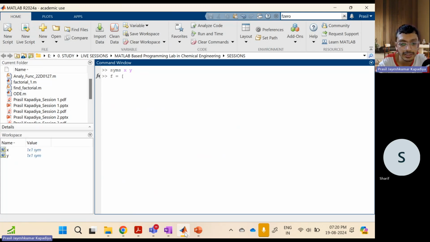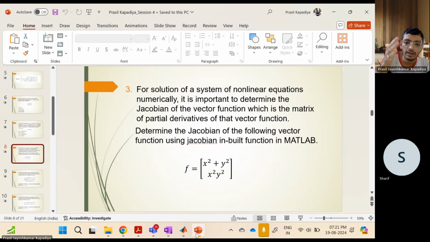F is equal to, first is x square. Here you need to be really careful with row comma column. So we are told x square, y square, and there is one semicolon. Okay, it is not in one row.